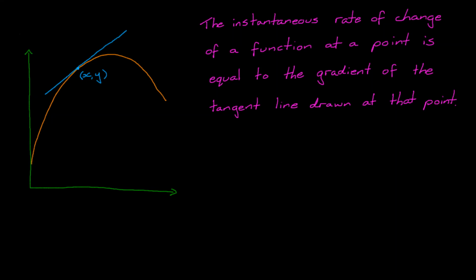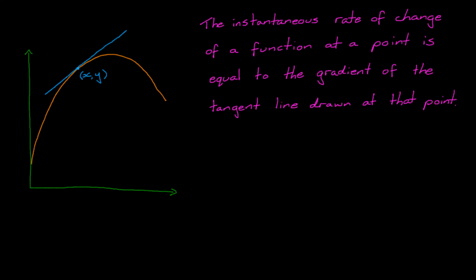So if we can draw the tangent line, we can take the point of intersection between that line and the curve, which we know exactly, and one other point on that line, and use the same procedure to work out the gradient of that straight line, and that gives us an approximation of the instantaneous rate of change at that point. It's an approximation because we cannot draw the tangent line exactly. It's always going to be slightly subjective.